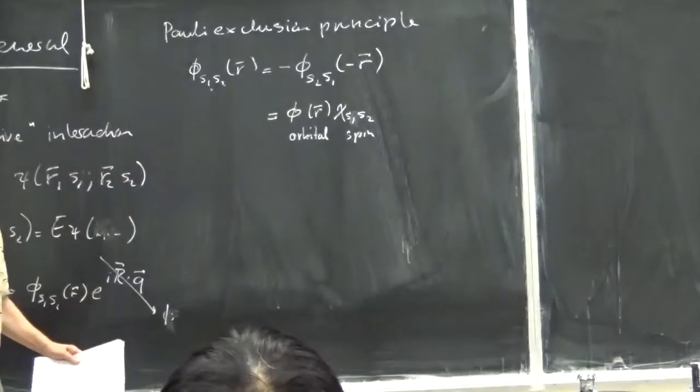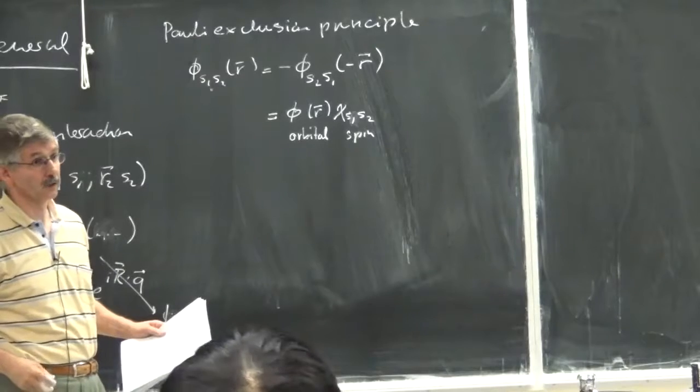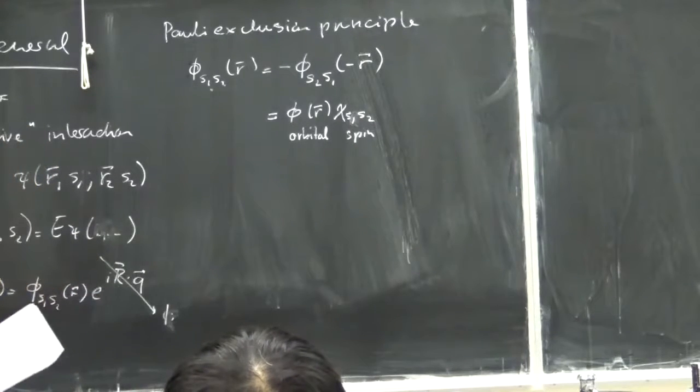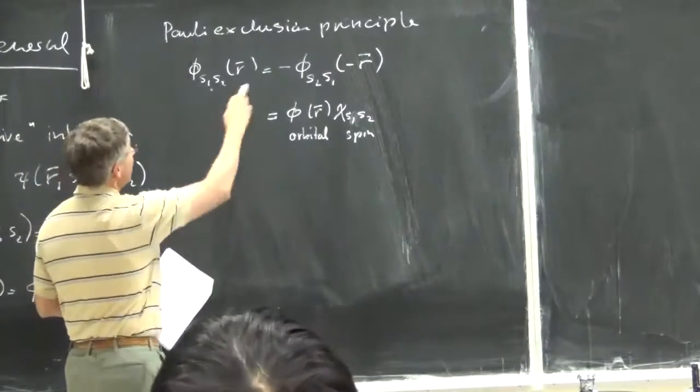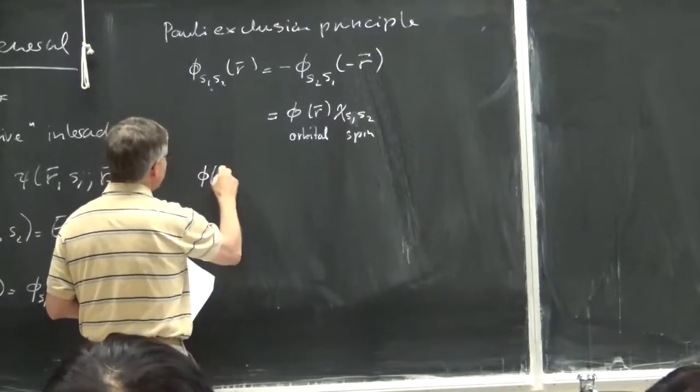This is the first time we've assumed no spin-orbit coupling? There is no spin-orbit coupling. So whenever I use spin-orbit coupling, I will say, yeah. So now we have to satisfy this situation, and so we have two possibilities.